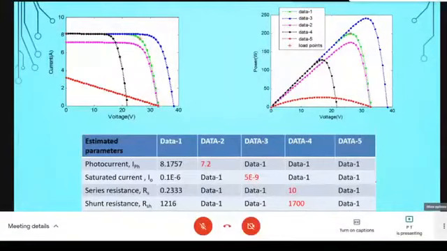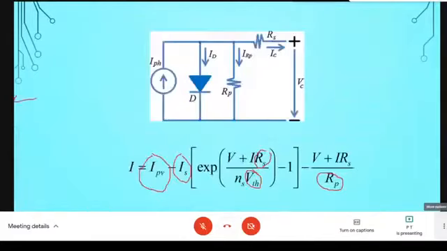So you can see here, without knowing these five unknown parameters, you cannot predict the actual characteristics, or the characteristic which is near to the real characteristic of the solar photovoltaic system. So the estimation of these five unknown quantities is one of the research areas in which you can explore your research.